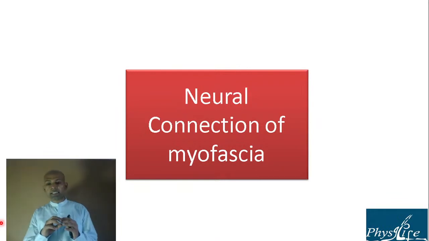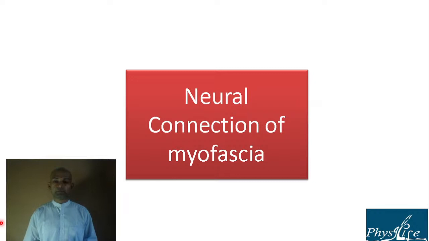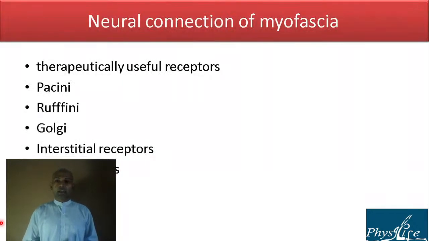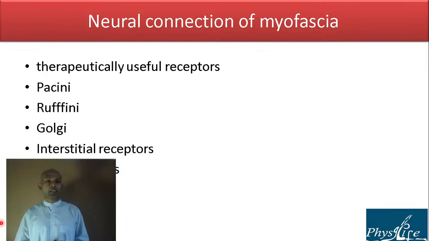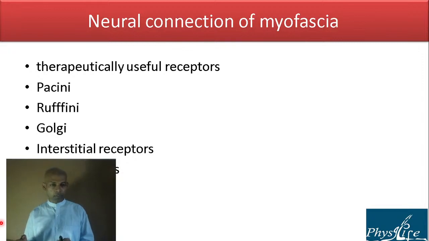So we had seen the mechanical connection of myofascia. Now we'll see the neural connection of myofascia. So what are the receptors that are talking, like the venom, as it was talking to Spider-Man, the suit? Now our body suit has two types of receptors. One set of receptors can be called mechanoreceptors.